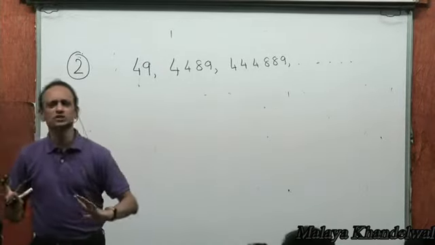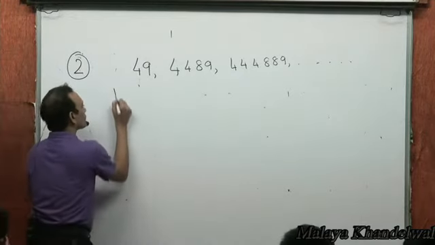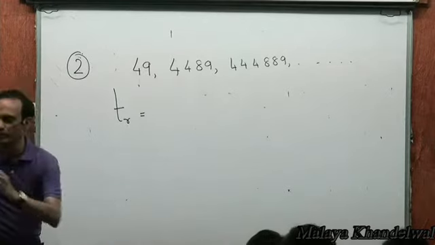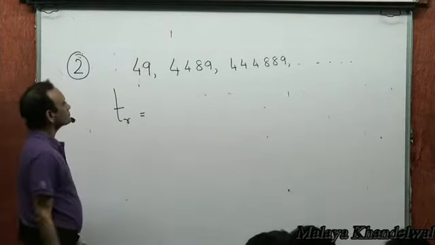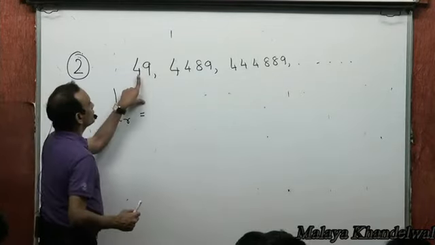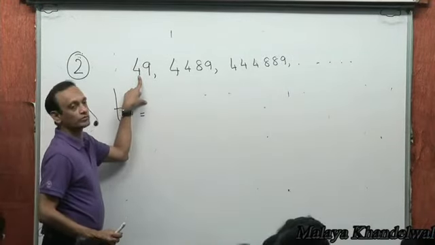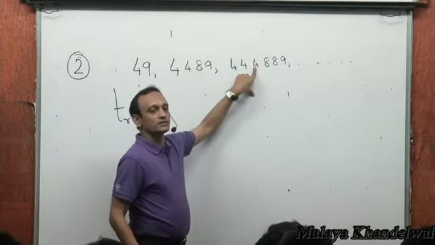Let's start by writing the general term, the rth term of the sequence. We want to show that Tr is a perfect square for all r. The first term contains 1 four. The second term contains 2 fours. The third term contains 3 fours.